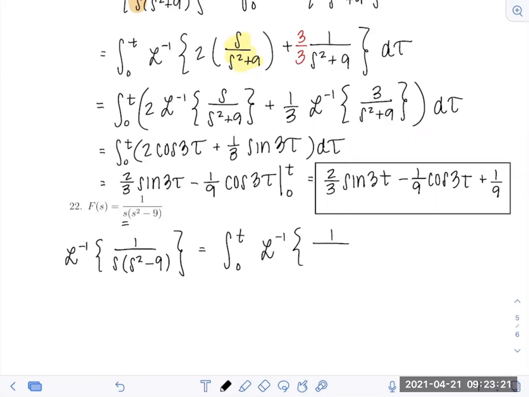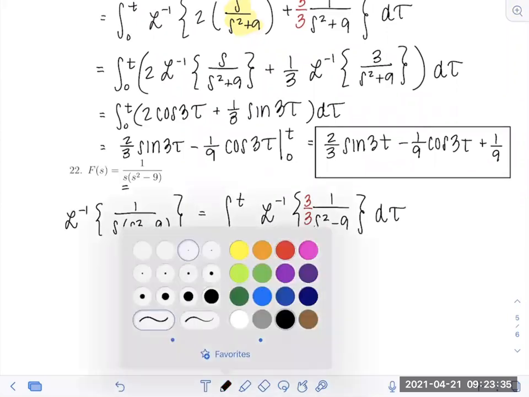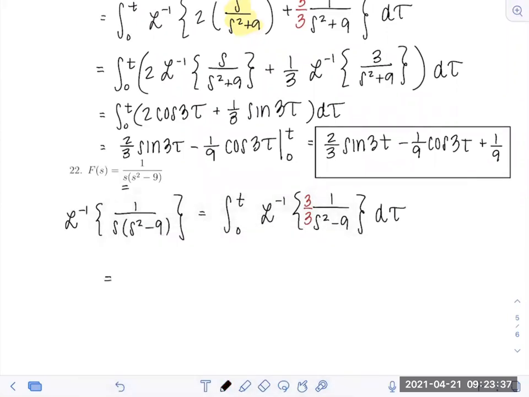So it becomes 1 over s squared minus 9 d tau. And similar to the last example, I just need to stick a 3 over 3 in here. And so I will rewrite this as the integral from 0 to t of 1/3 inverse transform of 3 over s squared minus 9.